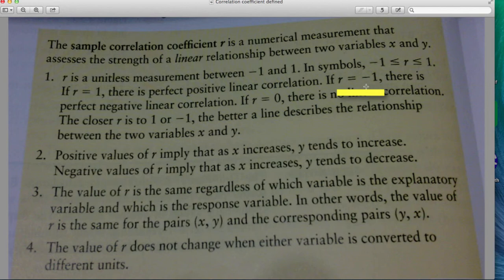If it is negative 1, then there is a perfect negative linear correlation. If R equals 0, then there is no linear correlation. And of course, when we say R equals 1, R equals negative 1, etc., you know that there is a formula.